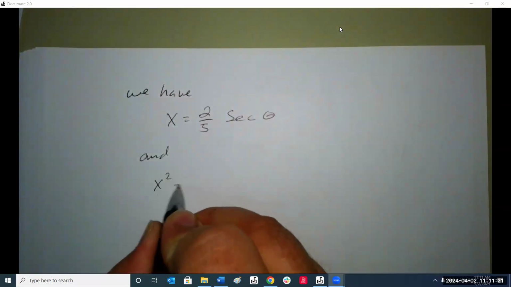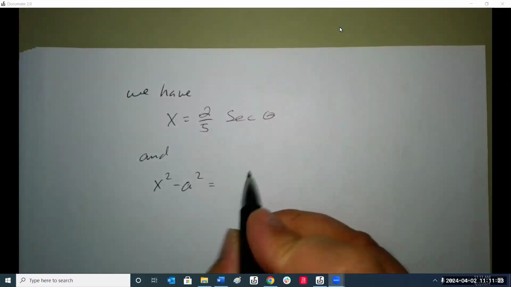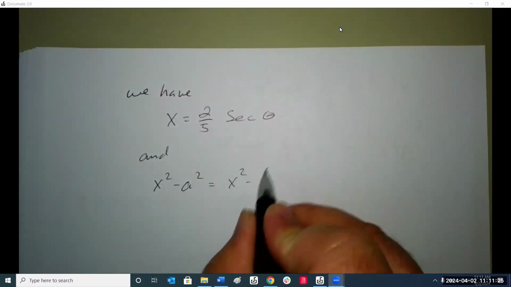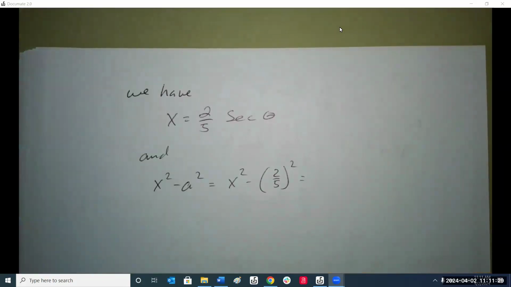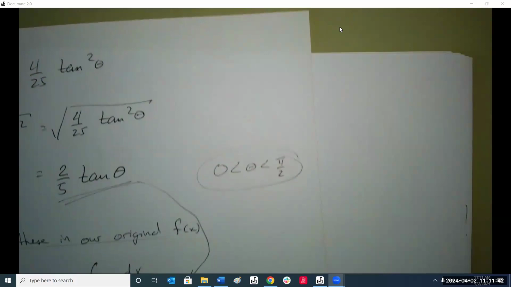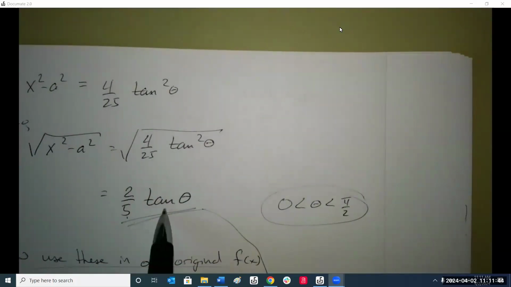And x squared minus a squared, which was x squared minus 2/5 squared, became two-fifths tangent.